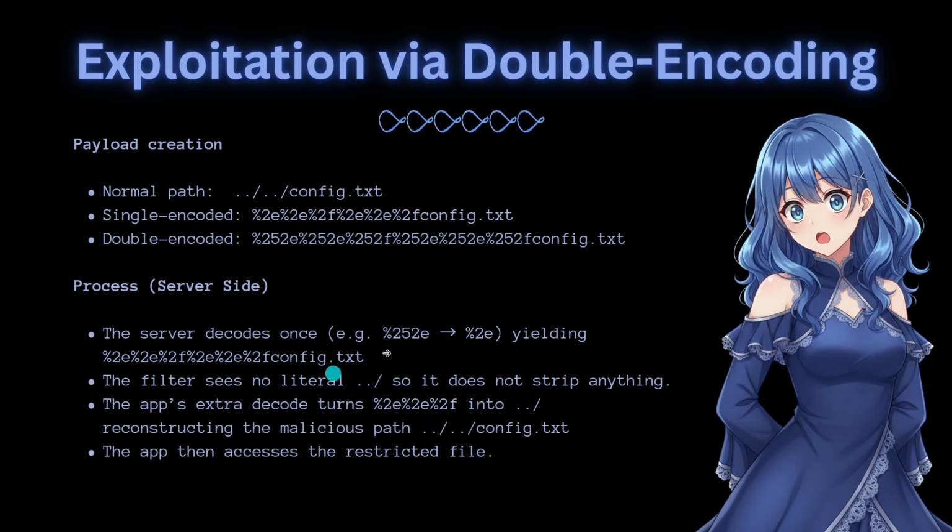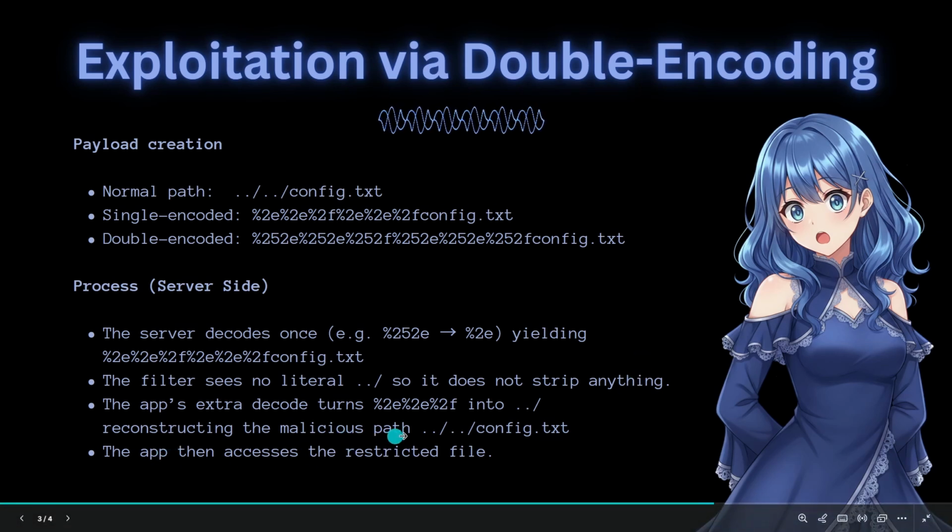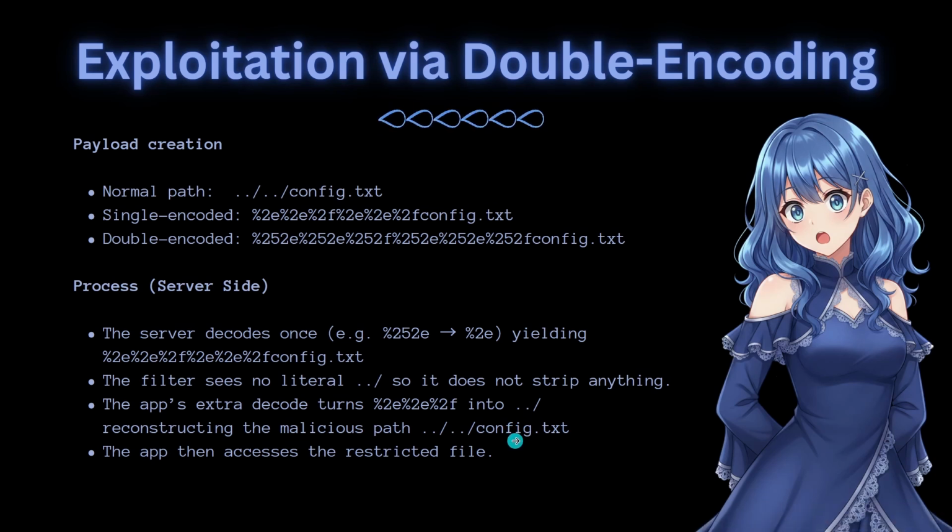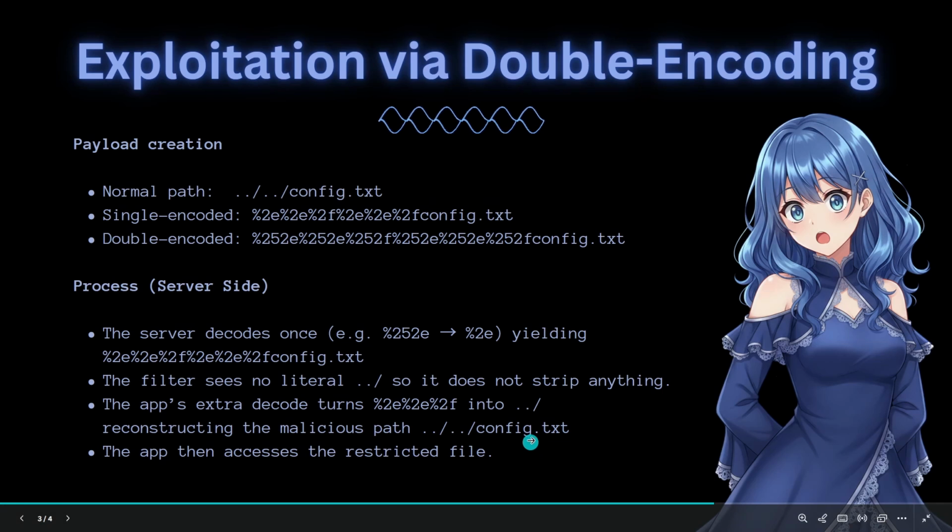So first you are converting this to this format, but it is decoding again. Then the input is converted to this format and passed to the server as the input. So it results in reconstructing that malicious path, and in short, you get access to the config.txt file. As it is written, the app then accesses the restricted file. So this is how it happens.